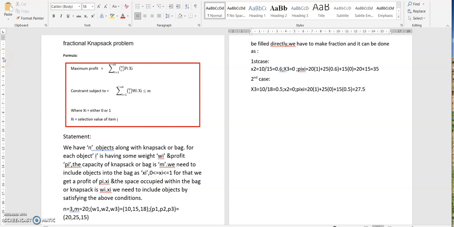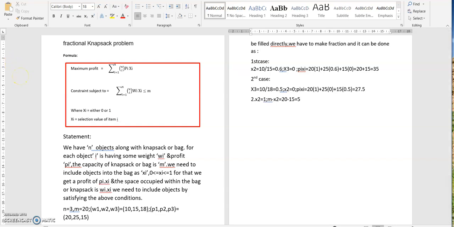Now we need to fill the second object, that means x2 equal to 1. If x2 equal to 1, then x1 or x3 will be taken as a fraction value. Then m minus w2 equal to 20 minus 15 is equal to 5, which is the remaining space.